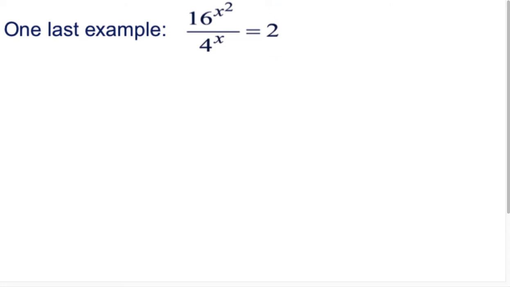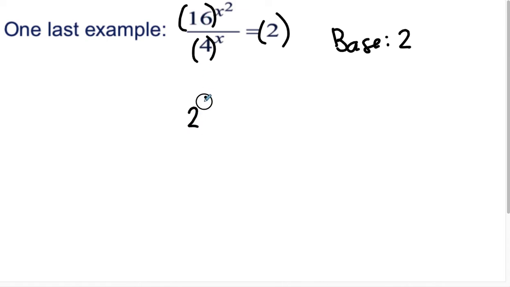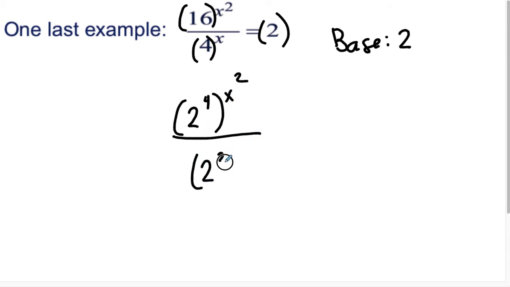I believe, and I know you're thinking about it as well, the base should be 2. Because 16 is 2 to the power of 4, 4 is 2 to the power of 2, and 2 as a base is being raised to the first power.